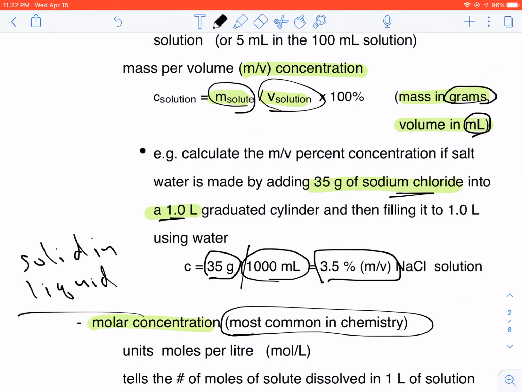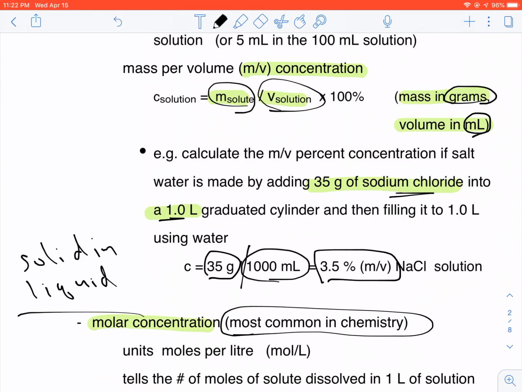Those percent concentrations have specific uses like air quality index and alcohol, doing a breathalyzer test. They have their own uses, but for the most part for a chemist, I care about how many molecules or atoms are present. But again, an atom or a molecule is too small. We talk about moles of atoms.